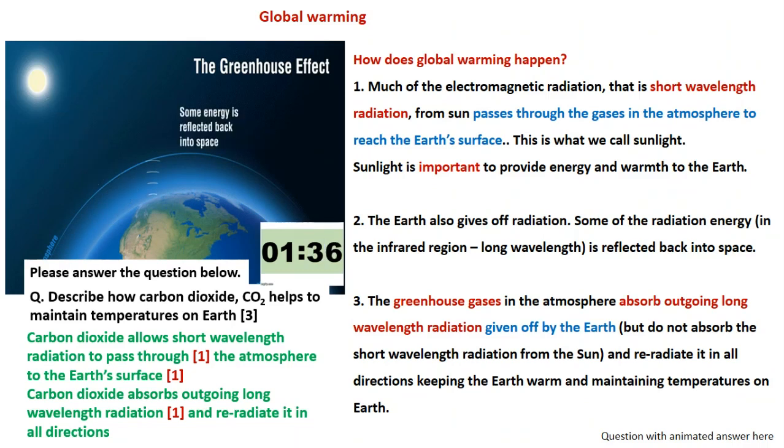Then you need to tell the examiner that the Earth also gives off radiation, and this radiation is in the long wavelength. This carbon dioxide would absorb this outgoing long wavelength radiation and crucially re-radiate it in all directions on Earth. So these are the 3 points that I'm expecting you to have written down.